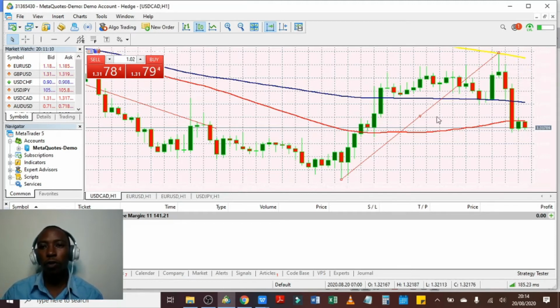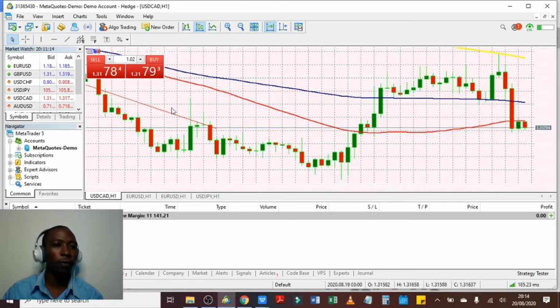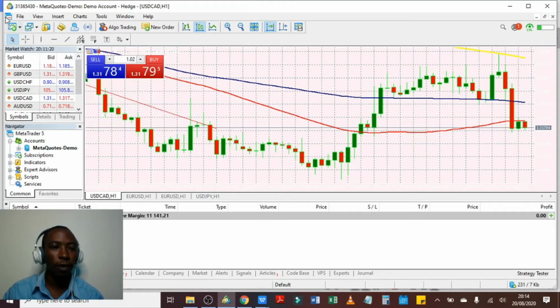In order for you to draw Fibonacci retracement levels, simply go to Insert. Under objects, you go to Fibonacci. Alternatively, on the menu bar, we have this F here, and that stands for Fibonacci retracement. So for an uptrending market, like from this session over here up to here, the market was trending upwards.